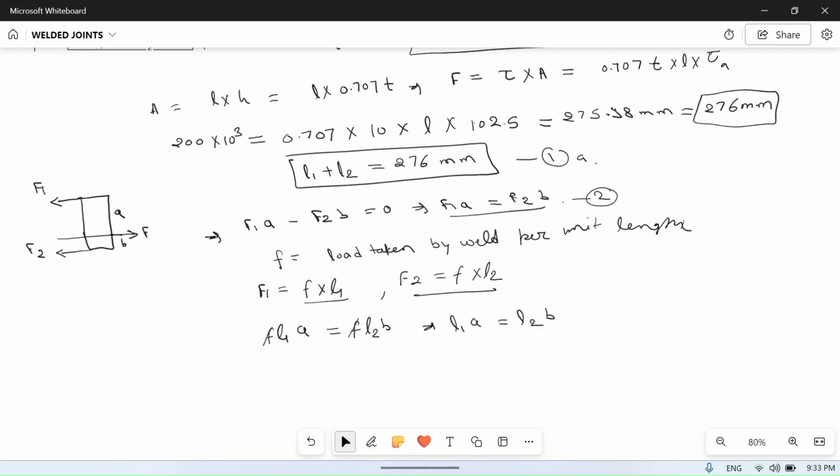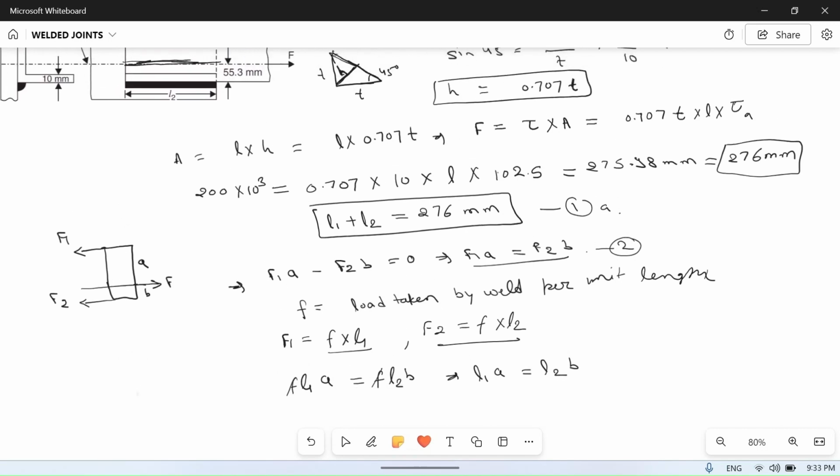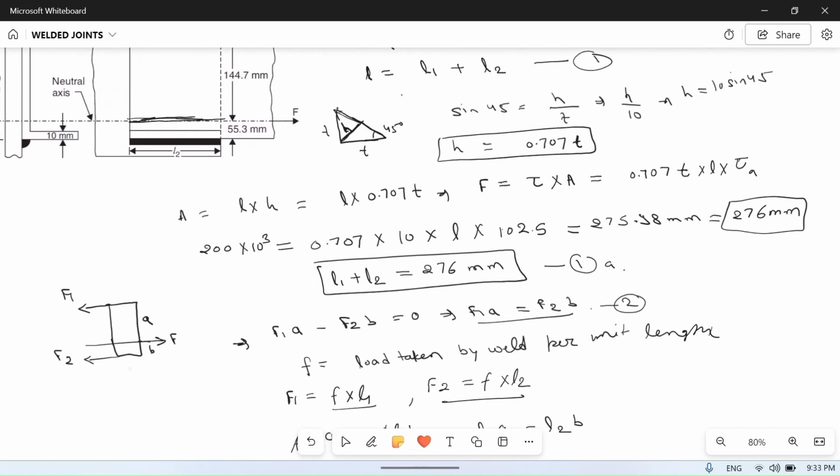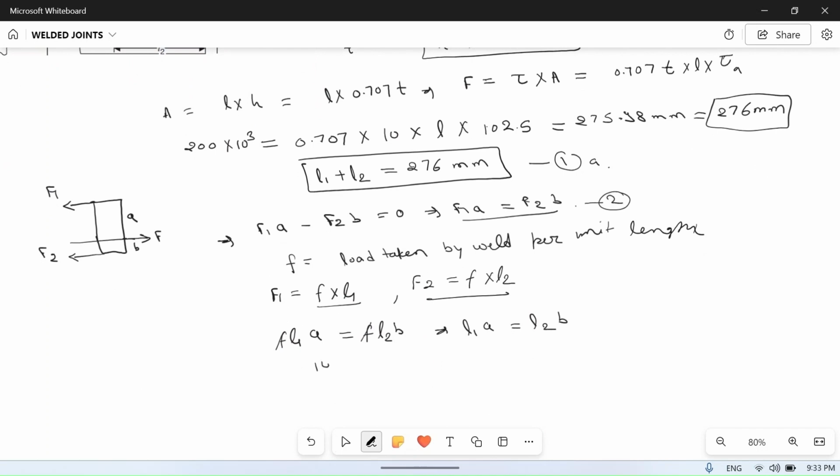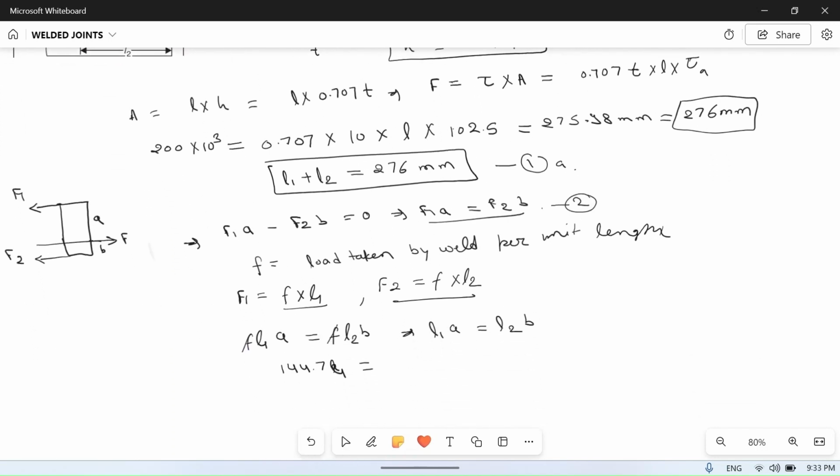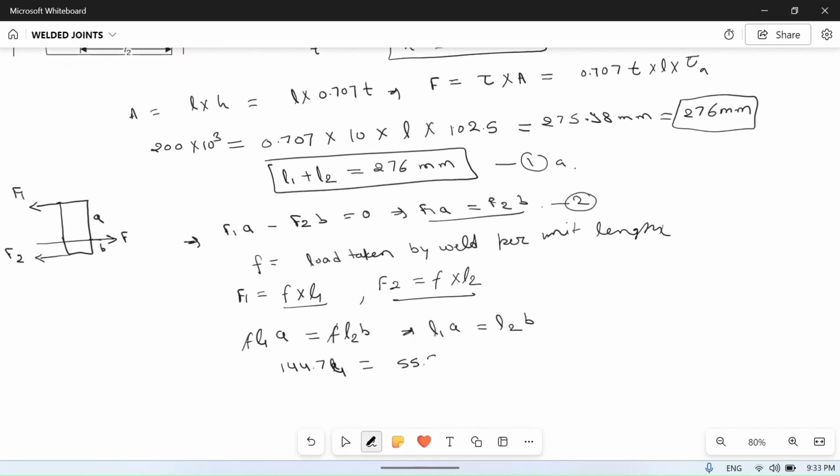So if we put the value of A and B here, then you will get value of A is 144.7, so 144.7 L1 is equal to 55.3 L2.